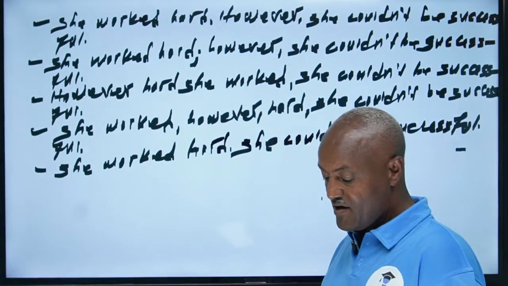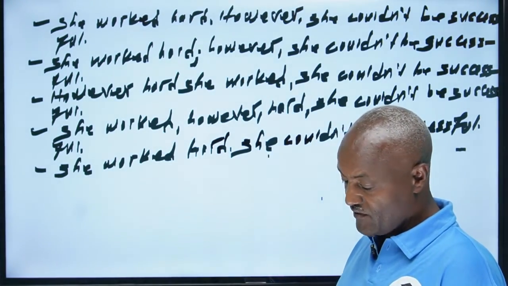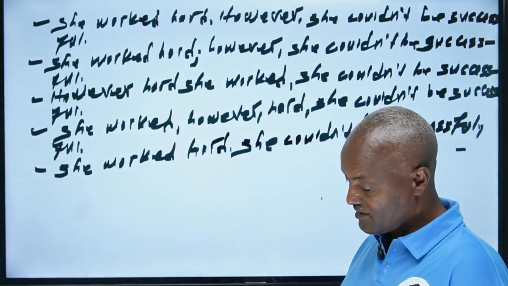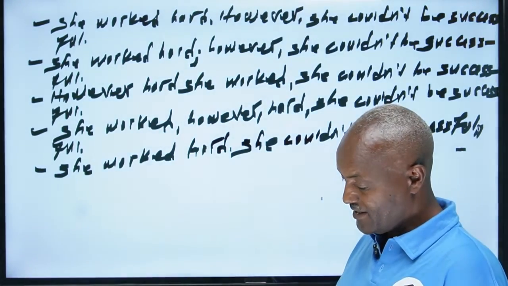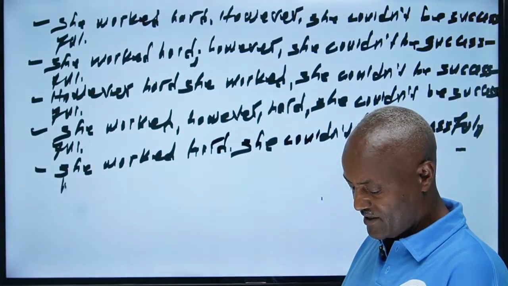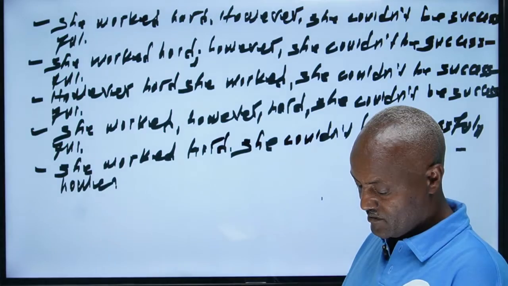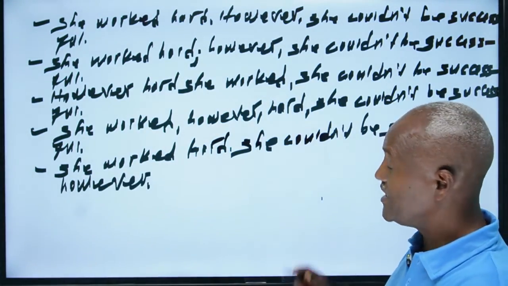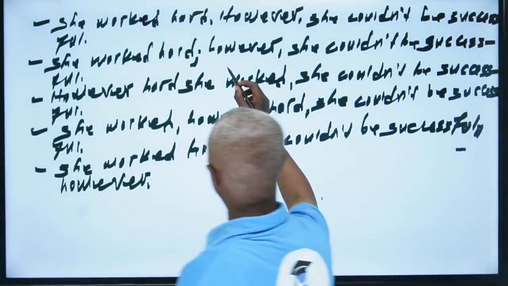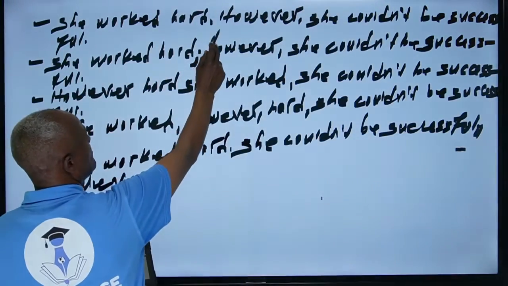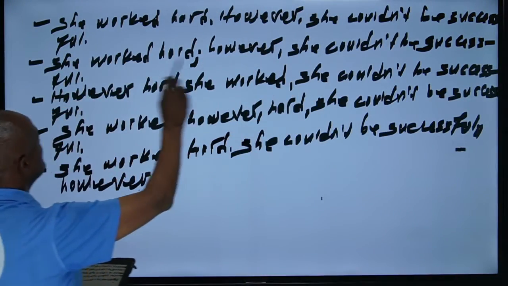Have you seen? With however, because of successful, she couldn't be successful, comma. Here this is comma, however is. Have you seen the difference that means? And then here, she worked hard, full stop, however, she couldn't be successful.